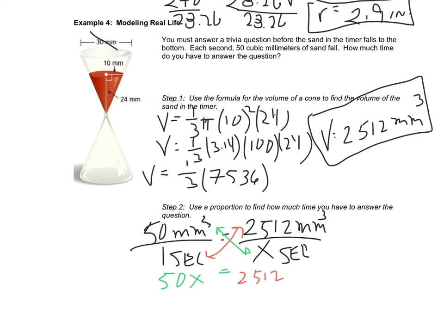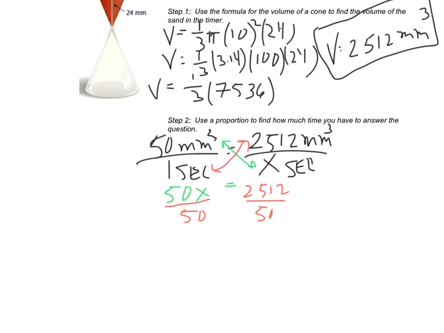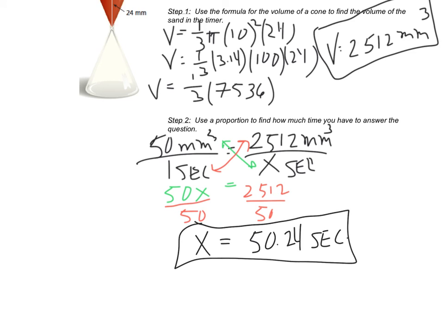Then I divide both sides by 50 to undo times 50. And that is going to give me x as my final answer, 50.24 seconds. So I have just over 50 seconds to answer the question, or else the sand is going to run out of the timer.